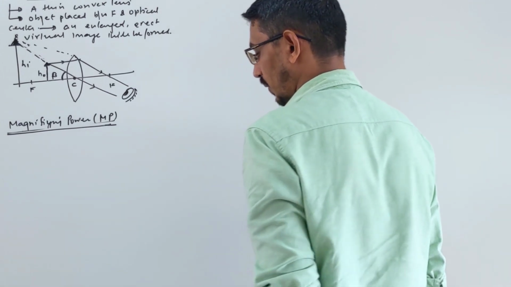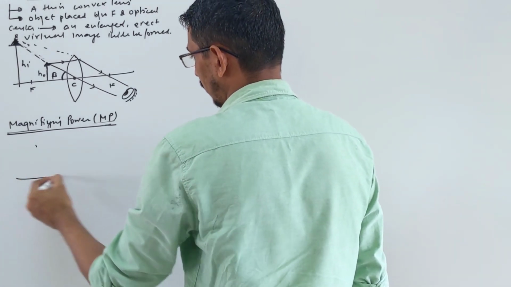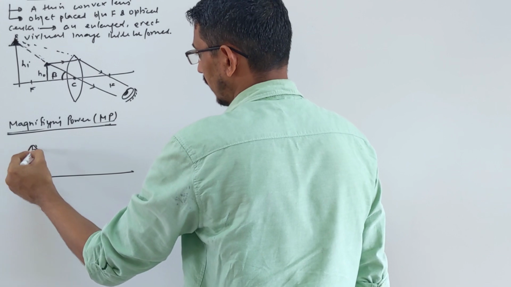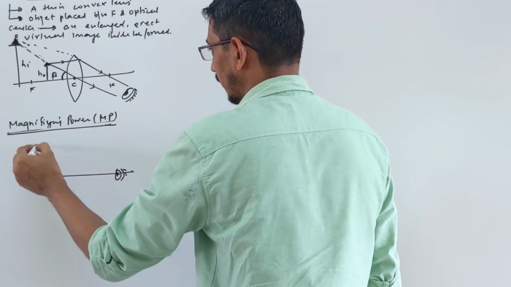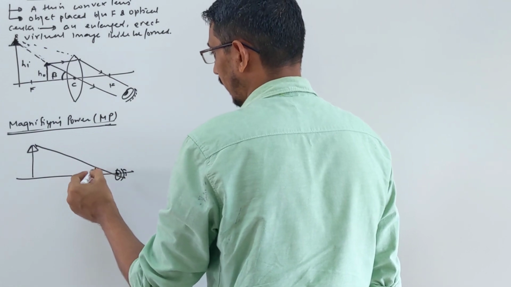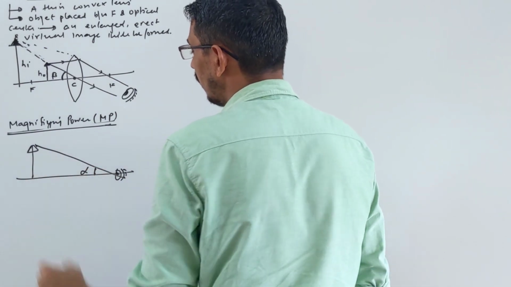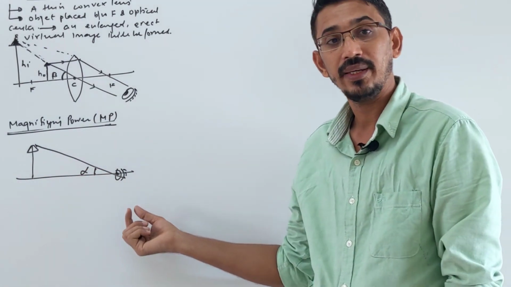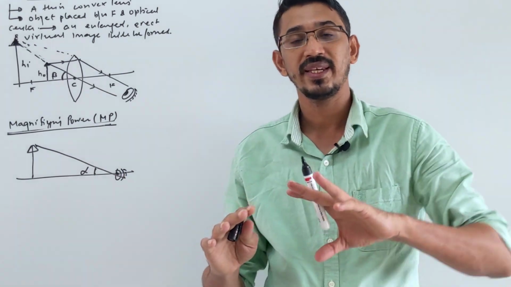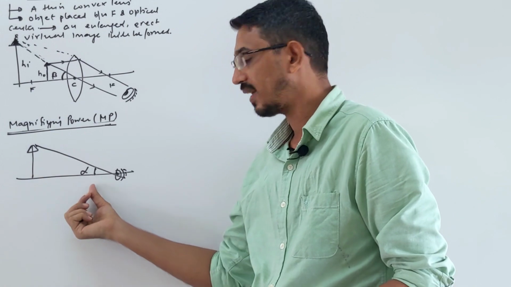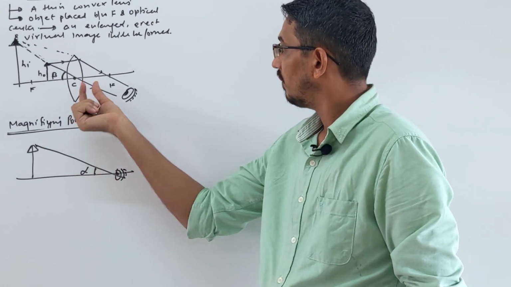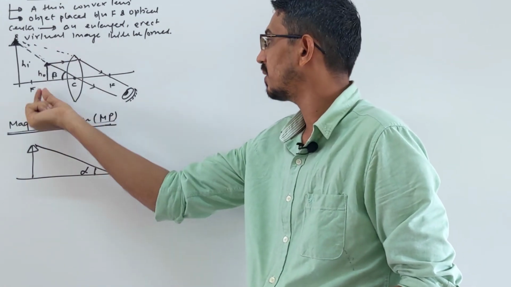This is some object you want to see, and here is your eye. Then you look at the object this way. This is the angle made, let's call it alpha. This is the angle made with the eye, the naked or unaided eye, without any instrument. This is the angle subtended with the eye, and here, with the help of the instrument, the angle subtended with the instrument.